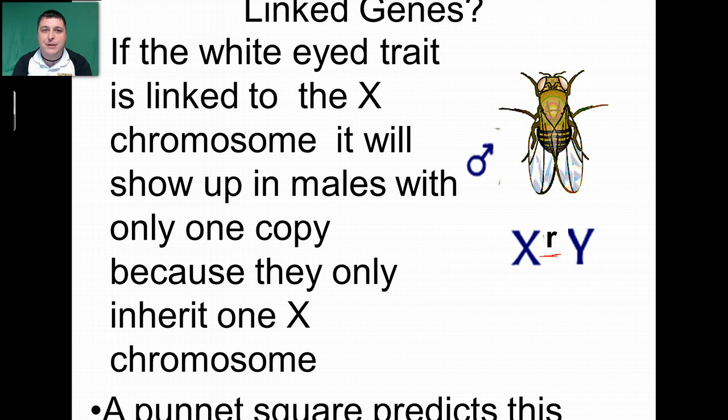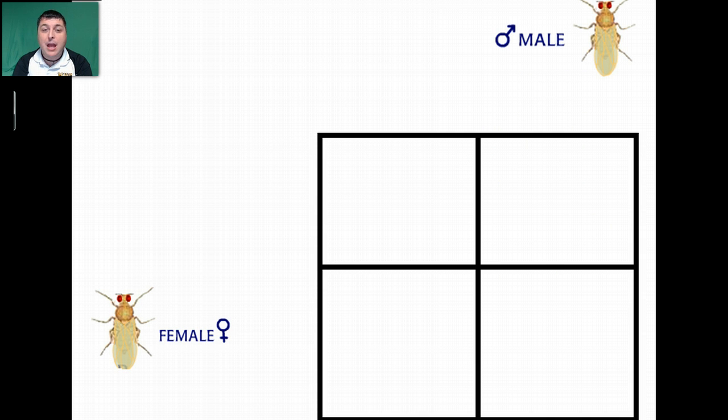So the eye color trait is linked to the X chromosome, and the boys would show it first because they only have one X. So if white is recessive, there's nothing on the Y to mask it or cover it up. And so if the eye trait is linked to the X chromosome, that would explain why only males have that trait.